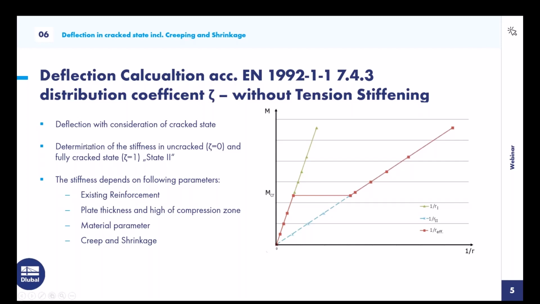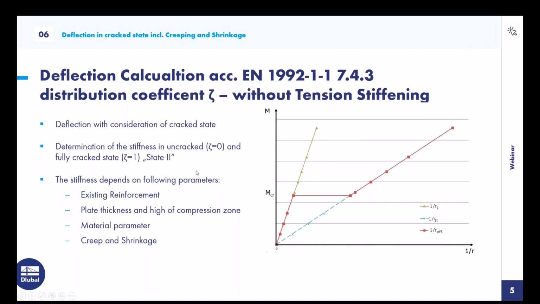So the program calculates a stiffness for the uncracked state, which is this function here, and the cracked state. So we have a stiffness for the uncracked state and a stiffness for the cracked, or let's say fully cracked state here. And depending on if the element cracks or not, it uses the value for the uncracked or cracked stiffness.